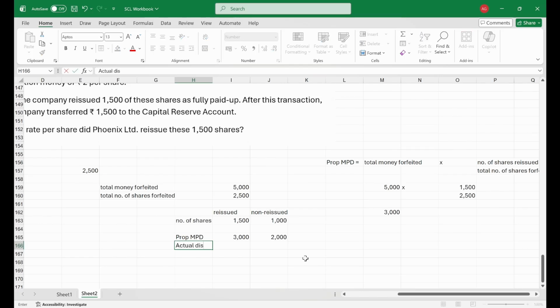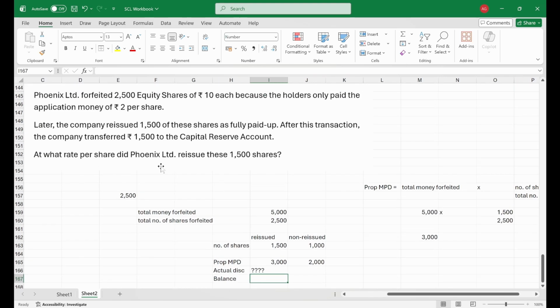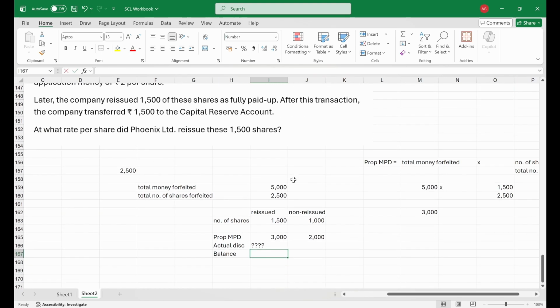And what is the actual discount given by the company? We don't know this. Therefore, what is the balance? The company said that after this transaction, it transferred 1,500 to the capital reserve. Whatever is the balance only, we will always transfer to capital reserve.